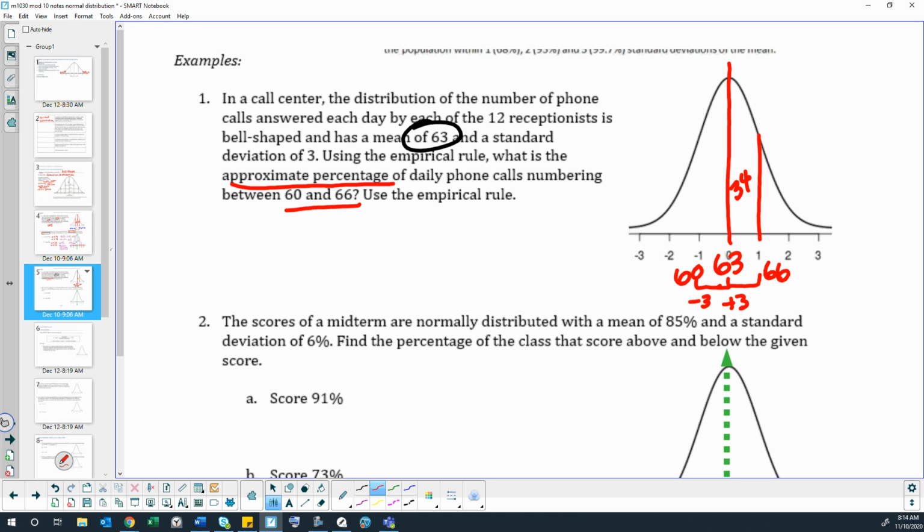This would be like 34% of the data and 34% below. And all together within one standard deviation of the mean this way or this way, total is approximately 68%. So about 68% of the phone calls will be between 60 and 66.